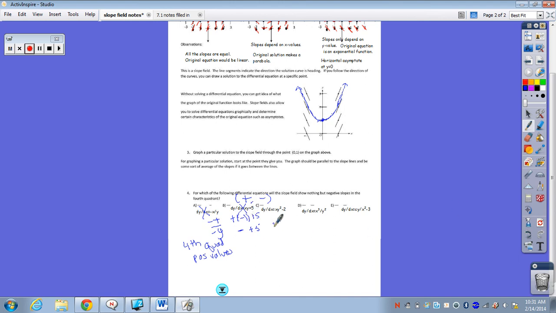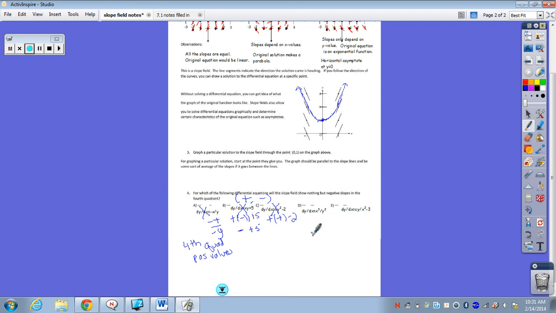So if I do this, if I square the negative, I'm going to get a positive, minus 2. And then again, because we're subtracting 2, it depends on the value. Like if I do 1, 1, I would get a negative slope. But at like 3, 4, I'd have 3 times 16, which is way bigger than 2. So I'd get a positive slope. So that doesn't work because we're looking for all negative slopes.